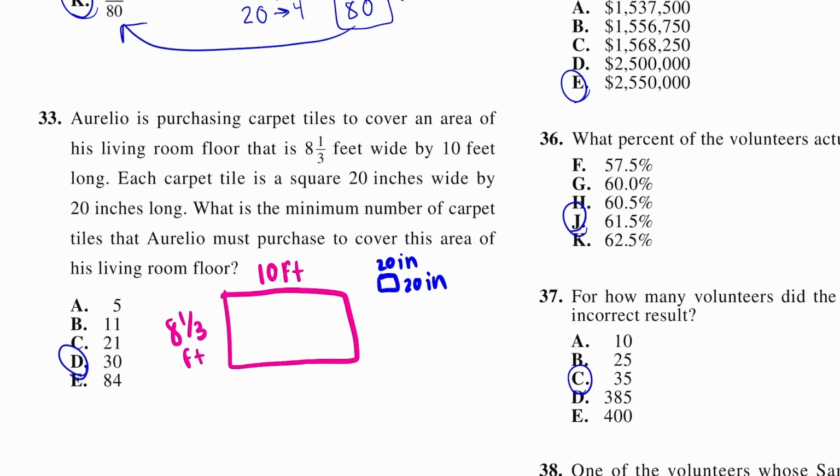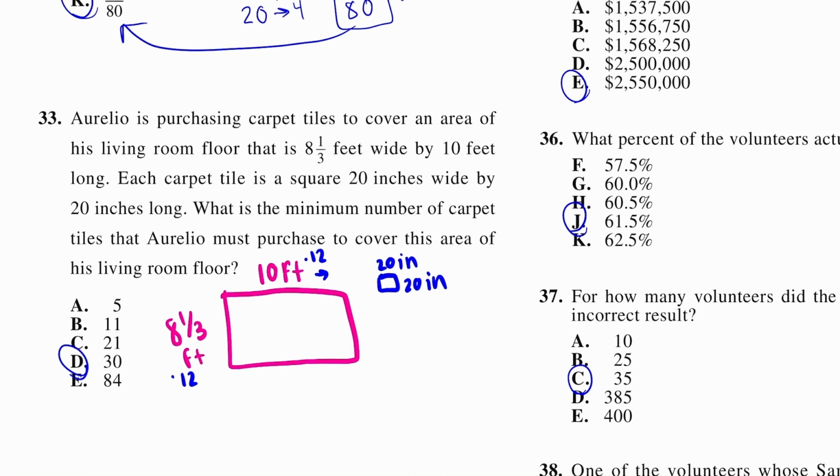The first thing I'm going to notice is that our carpet tiles are in inches and our living room is in feet, which is an issue. So we need to get, I'm going to move our feet into inches. There's 12 inches in a foot, so I'm just going to multiply both these by 12.